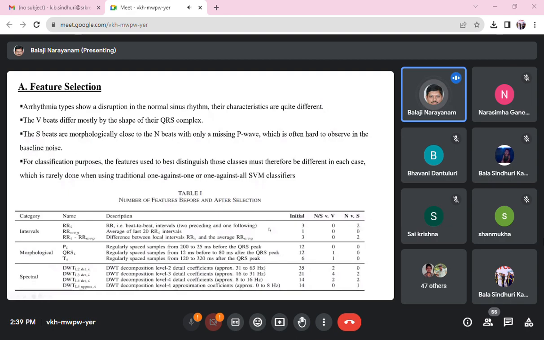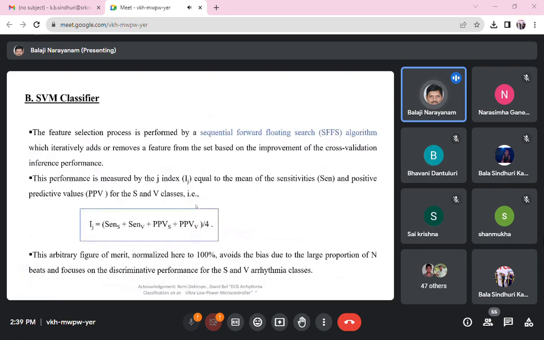You have the number of features before and after the selection highlighted in this table. We will take a support vector machine classifier. The feature selection process is performed by a sequential forward floating search algorithm, which iteratively adds or removes features from the set based on the improvement of the cross validation performance.